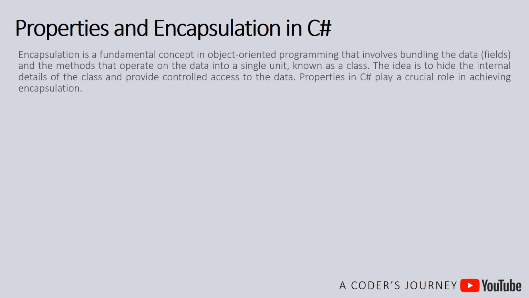Now, first let's talk about properties, then we will go to Visual Studio and see how they are implemented. So, encapsulation, as I told you, is a fundamental concept in OOP, and it involves bundling the data, fields or attributes, and the methods that operate on that data in a single unit known as a class.